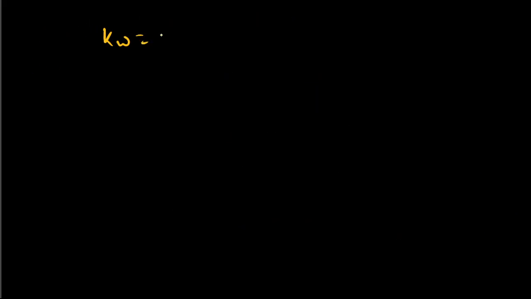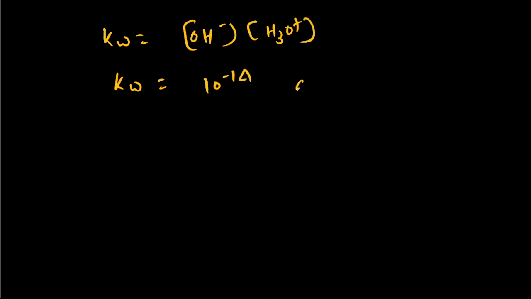So Kw equals the concentration of OH minus times the concentration of H3O plus, and it says Kw equals 10 raised to minus 14 at 298 Kelvin or 25 degrees centigrade.